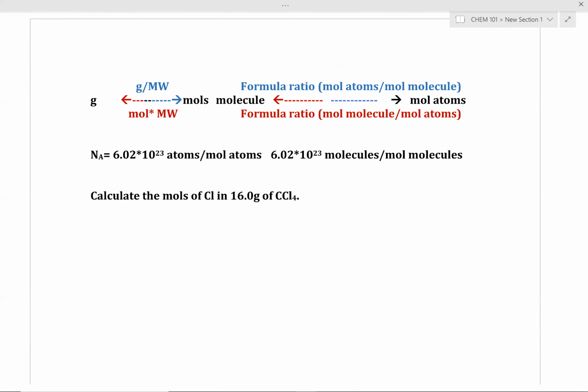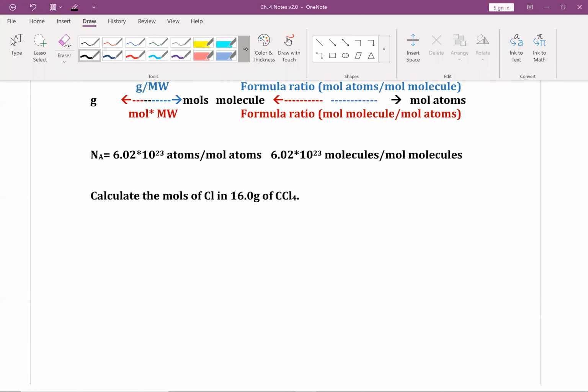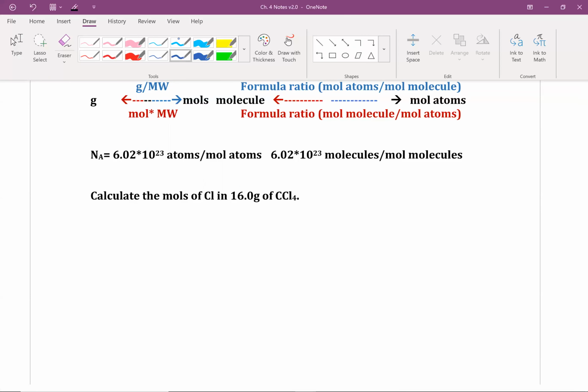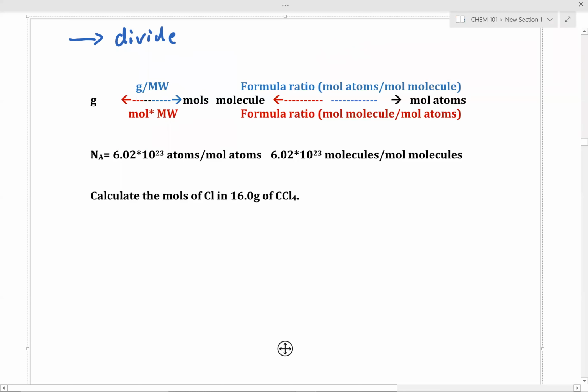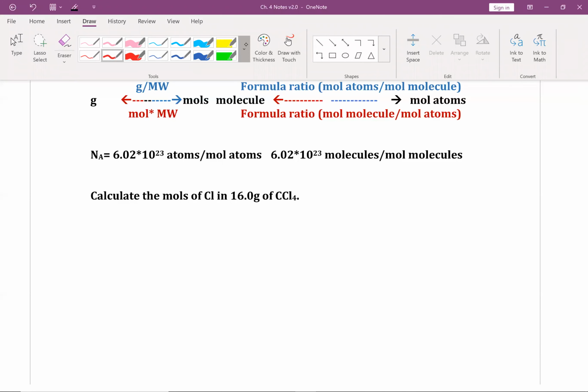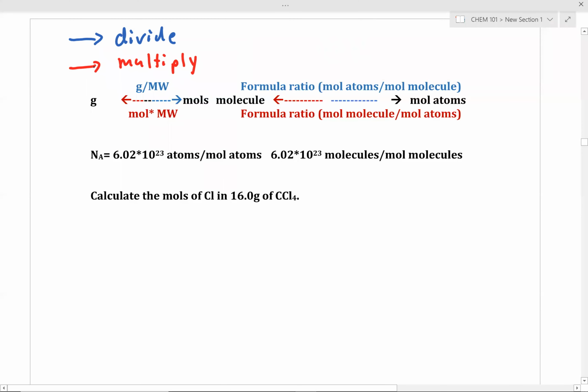If we want to go from grams to moles, and just to refresh everyone on how this color coding system works, if you see a blue arrow, you're going to divide. If you see a red arrow, you're going to multiply. That way, at the bare minimum, even if you're having trouble with unit analysis, you at least have a heuristic to approach these problems from.